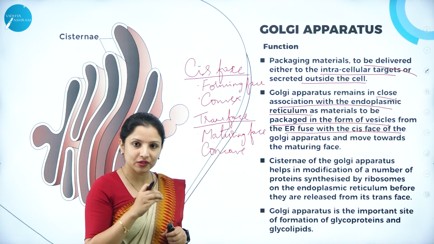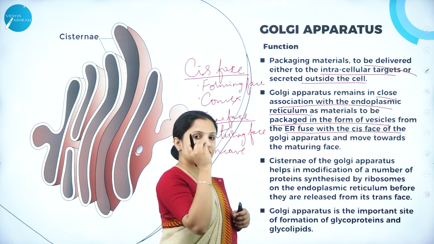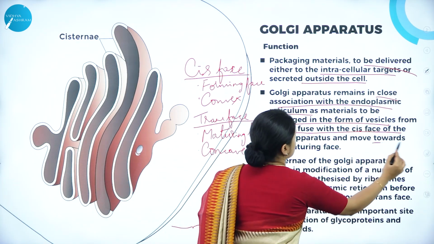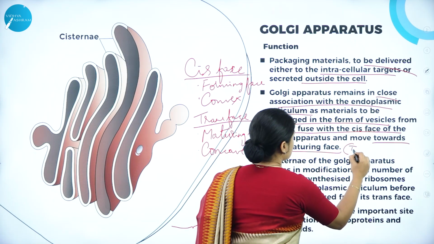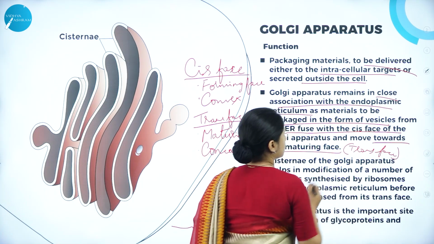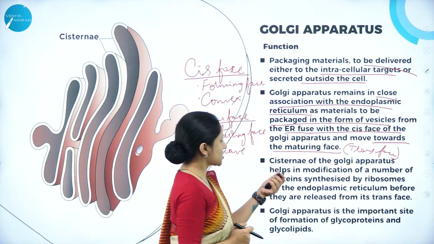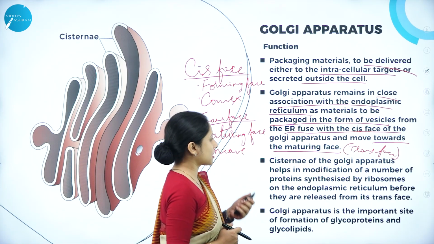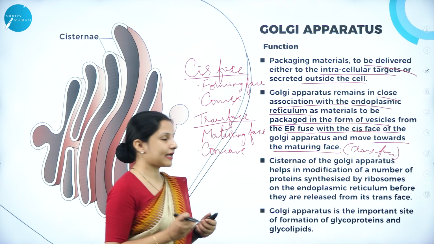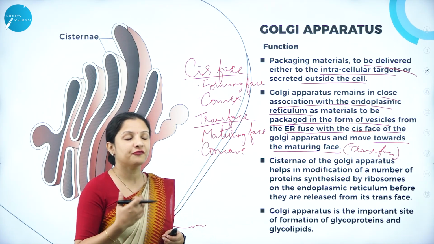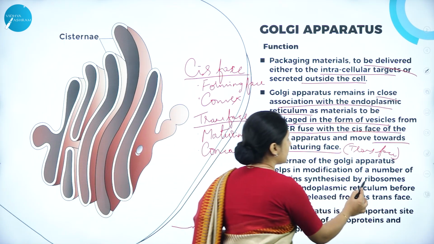Once it fuses with the cis phase of the Golgi apparatus, from the cis phase it will move to the maturing phase, that is the trans phase. And the cisternae, that is the folded sac-like structures of the Golgi apparatus, have a particular function wherein they help in modifying a number of proteins synthesized by the ribosomes.